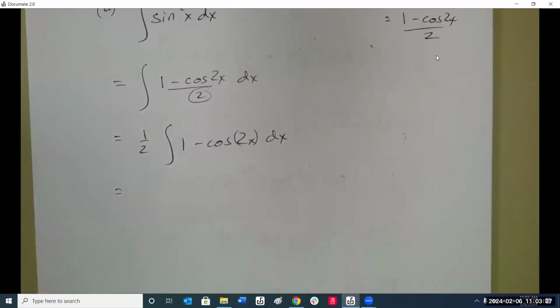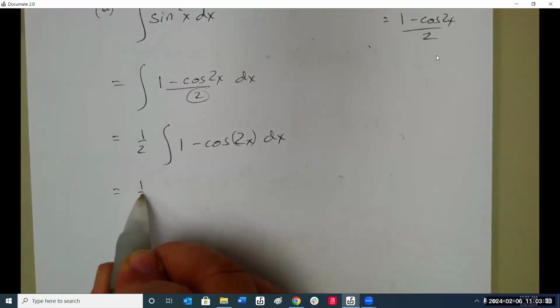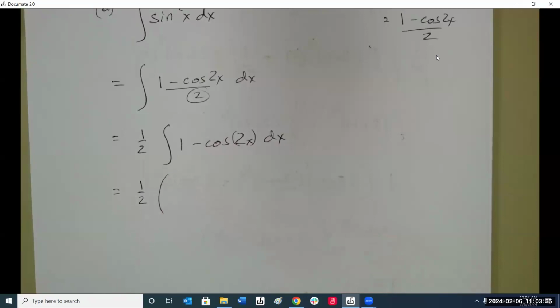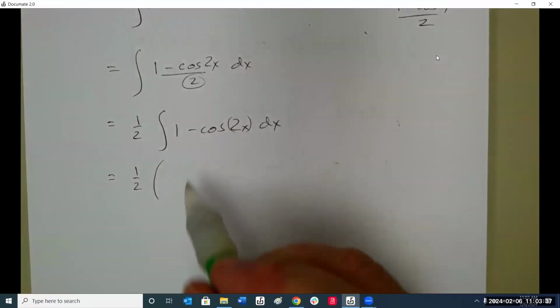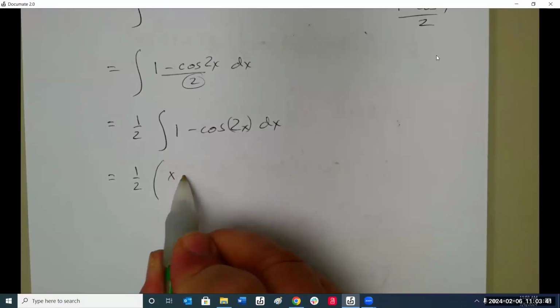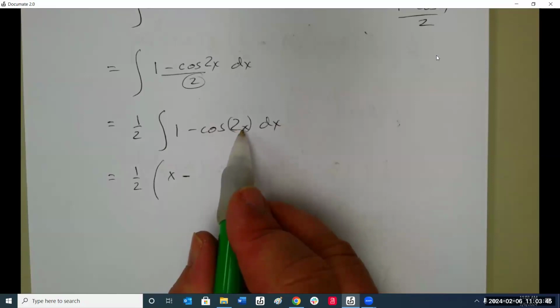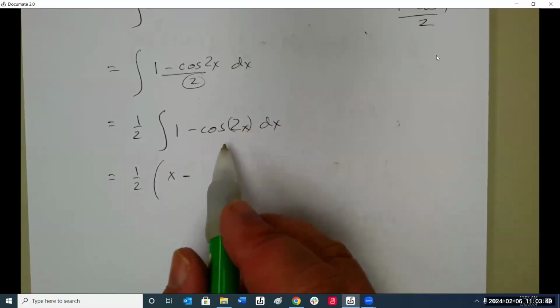And we can do both of these separately. The integral of 1 is x. The integral of cosine 2x.